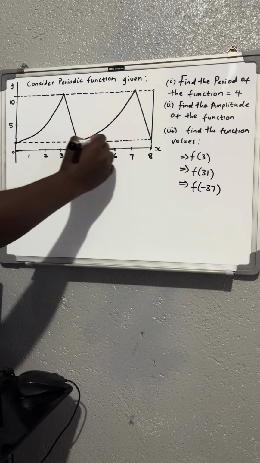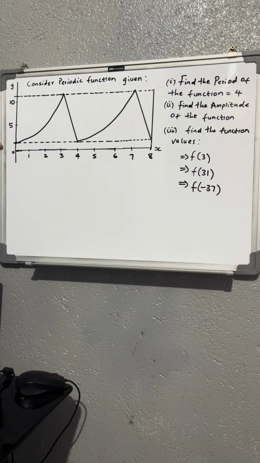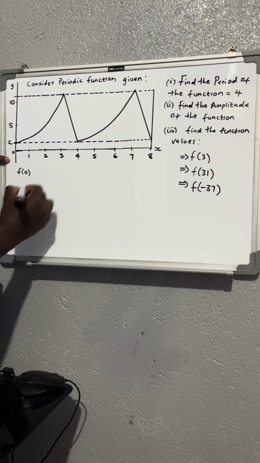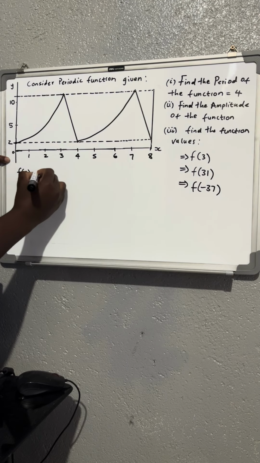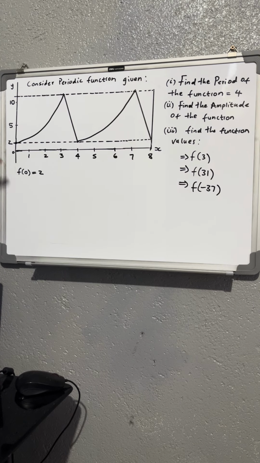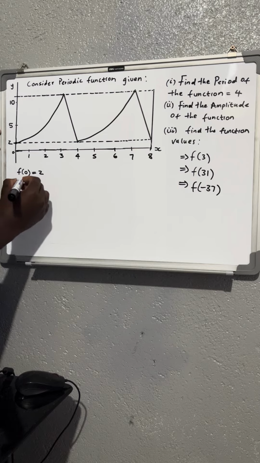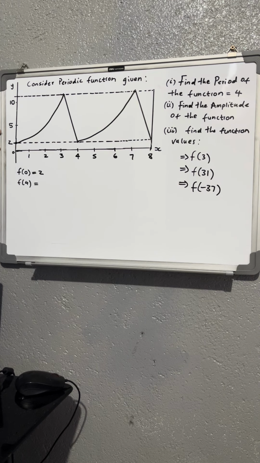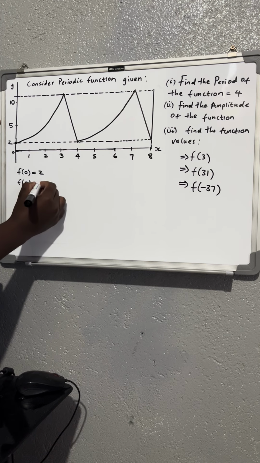Another thing you can note is to check this dotted line that you have. I would say it's sitting at approximately 2. So if we have f of 0, what will our y value be? It will be 2. Then if we get to f of 4, our y value would be 2.